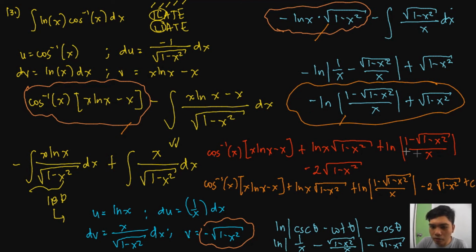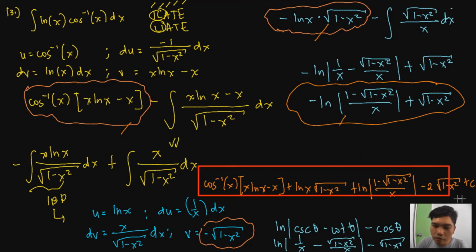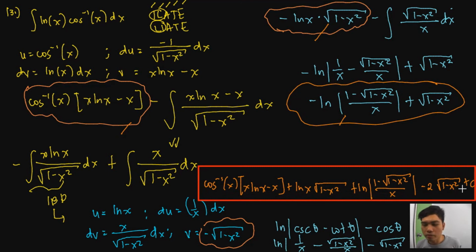Ito mas okay siyang tingnan. Okay, so that is our answer for this problem. So, yun, medyo mahaba-haba yung item na to. Ginamit na natin lahat ng alam natin, no? Nag-integration by parts, trigonometric substitution. So, yun. And let's check kung nakuha natin yung tamang sagot sa handout.